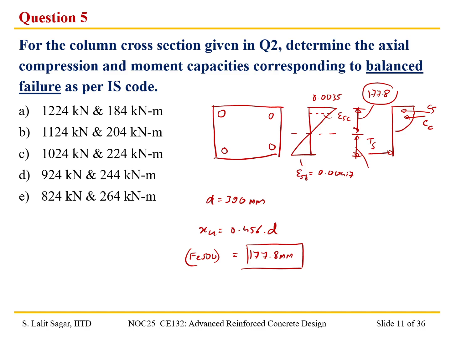But what is important is we need to find out the strain corresponding to the compression steel. That is, we have 0.0035 divided by 177.8 is equal to epsilon SC divided by 177.8 minus 60.